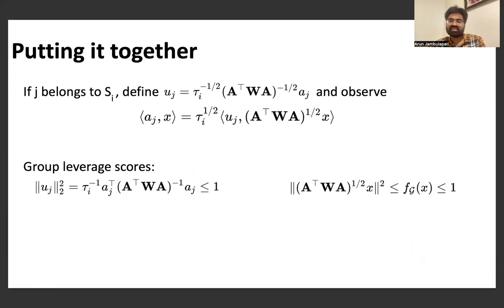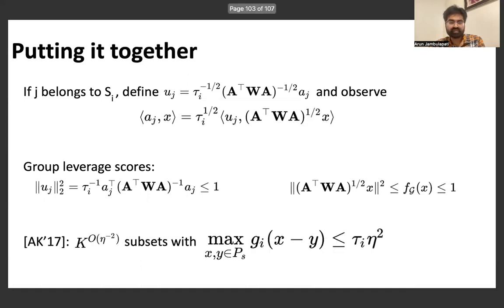In addition, the quadratic form induced by A transpose WA is smaller than the hypergraph energy. So the Euclidean ball induced by A transpose WA is larger than the ball B, which is the unit ball of F sub G.